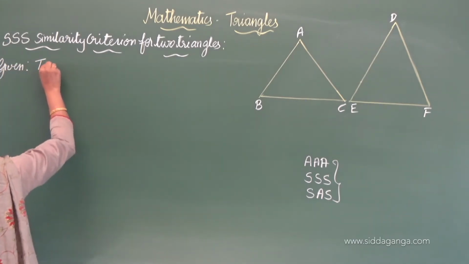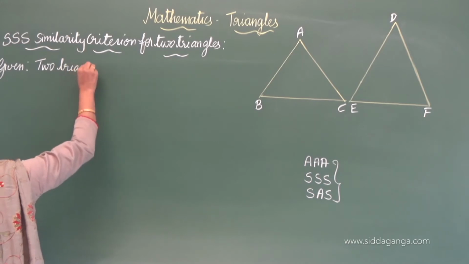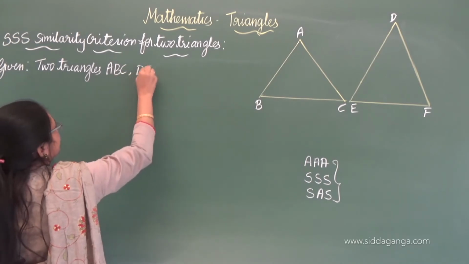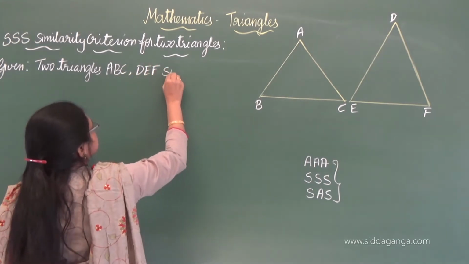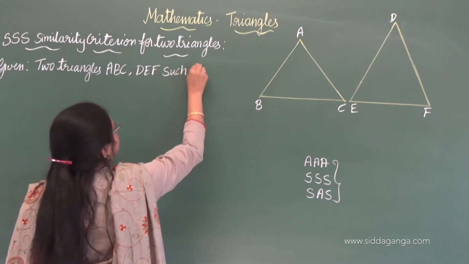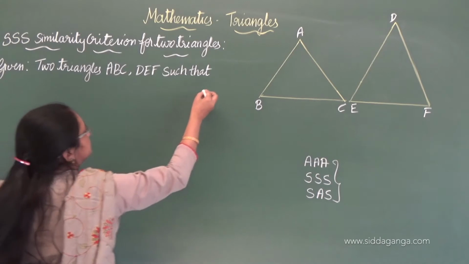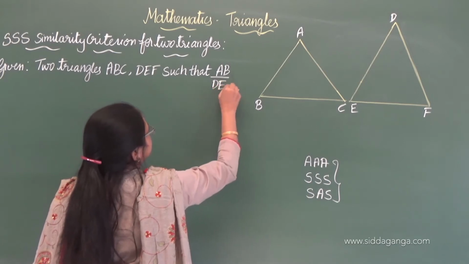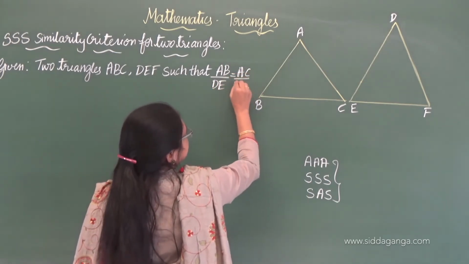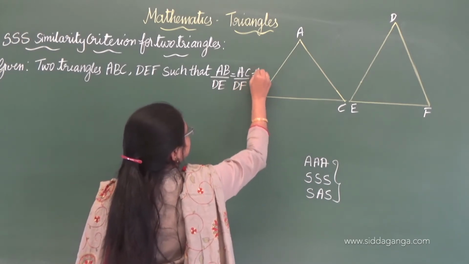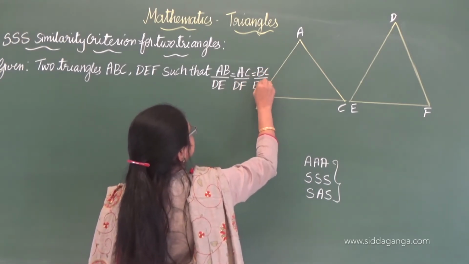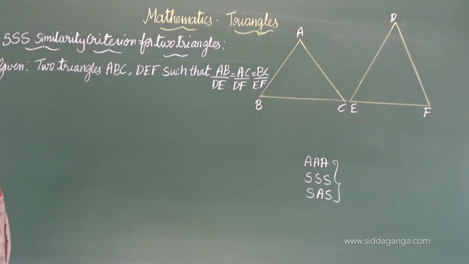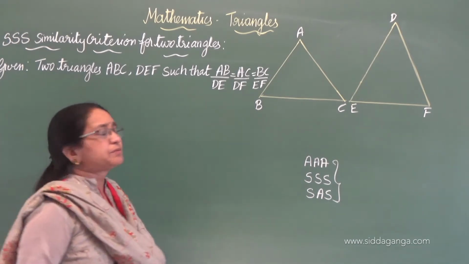So two triangles, ABC and DEF, such that AB by DE is equal to AC by DF is equal to BC by EF. Okay. Now what you have to prove?